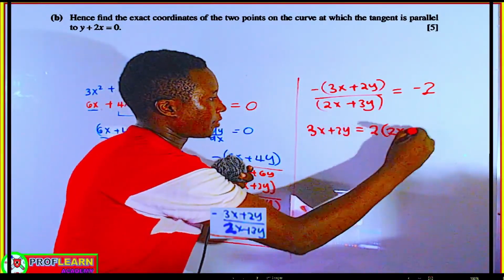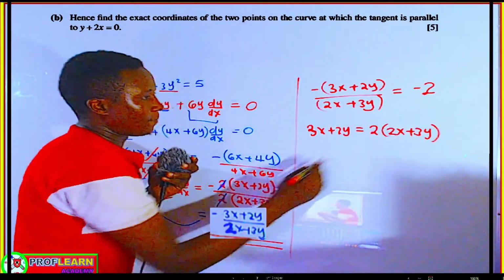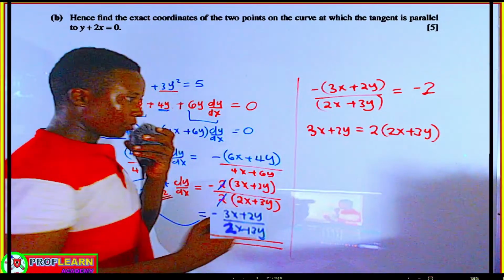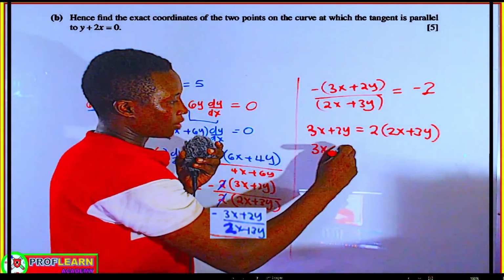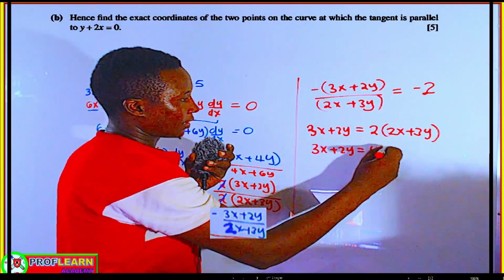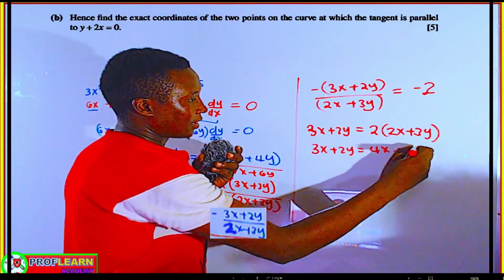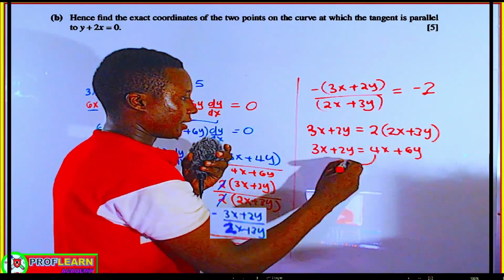(2x plus 3y). And if we open the bracket and start putting things together, we are going to have 3x plus 2y equals 4x plus 6y. And I can take this on the other side.